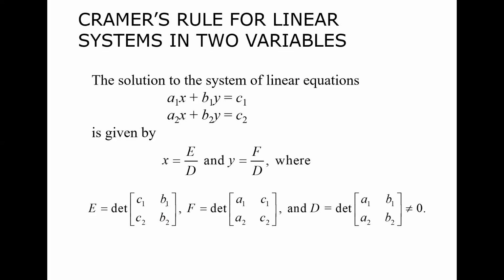So we put c1, c2 on the left, and then b1, b2 on the right. F is going to be a1, a2, and then c1, c2. And D is just going to be a1, a2, b1, b2. We find all of those, and then take whatever that determinant is and plug it in here, here, here, here.